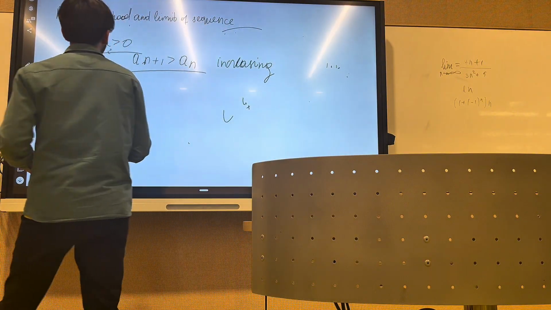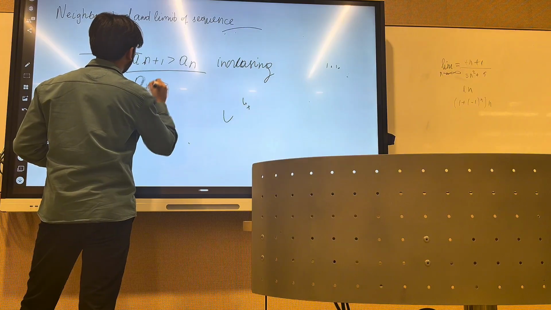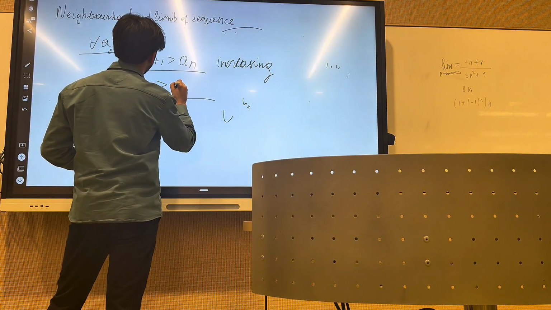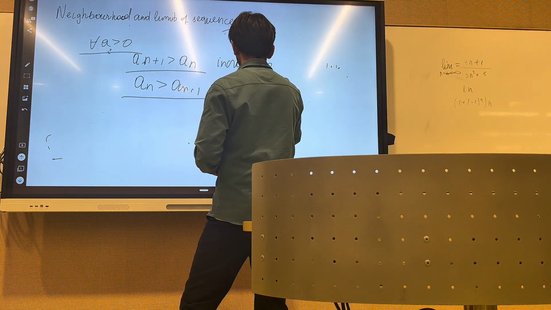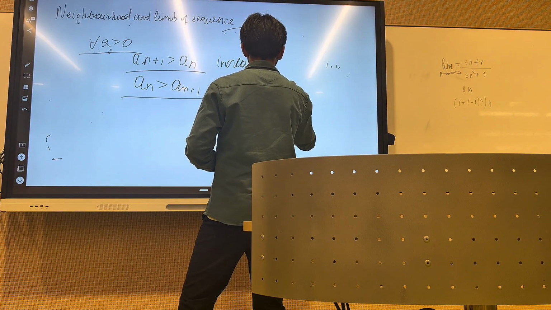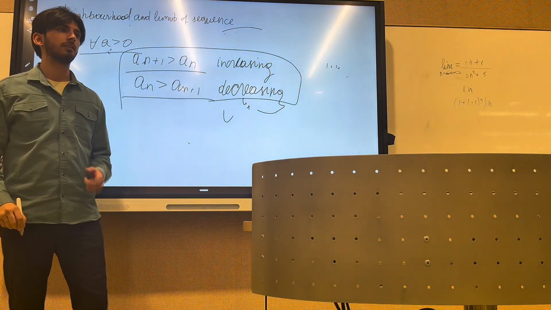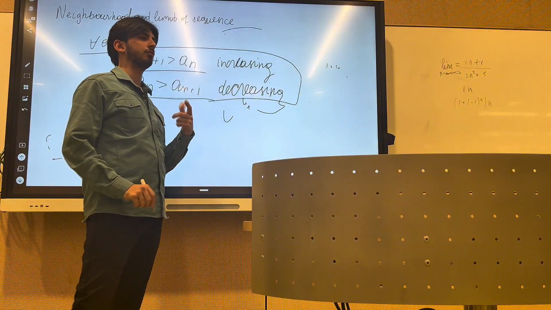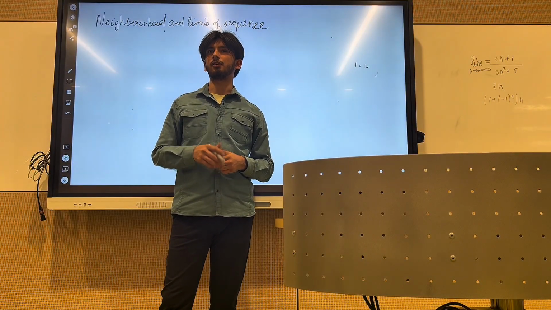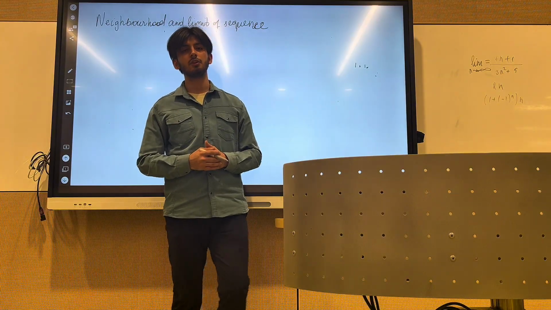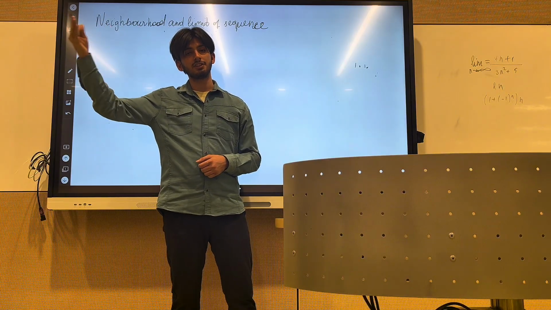But we can also say that if a(n) is more than a(n+1), it means it is decreasing. That's what helps us to avoid indeterminate form cases. After covering the situations like convergence, divergence, and indeterminate, we can say some additional classifications.